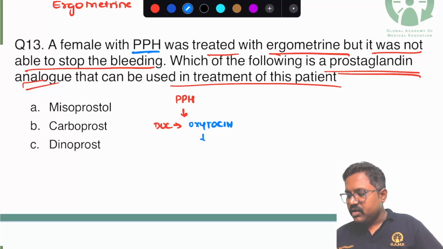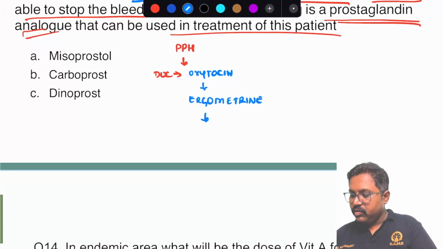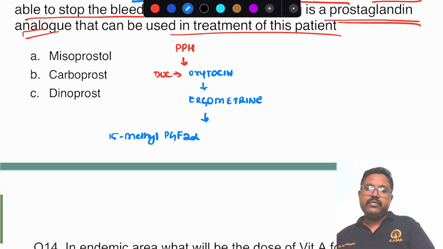If oxytocin is not available, then the second drug of choice will be ergometrin. If ergometrin is also not present, you can go with the 15 methyl PGF2 alpha analog, prostaglandin F2 alpha analog.